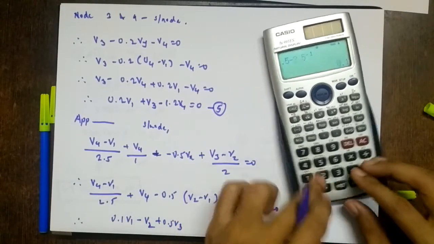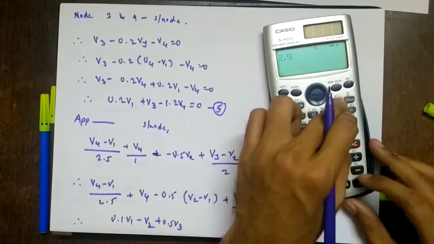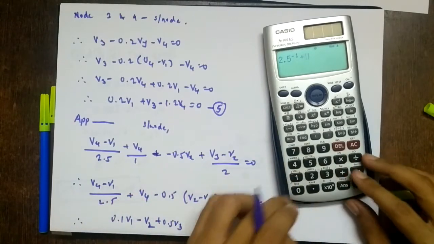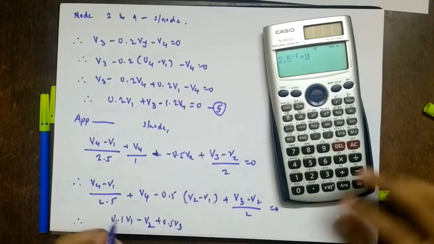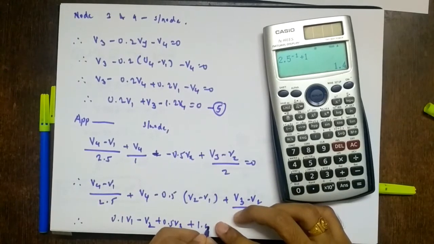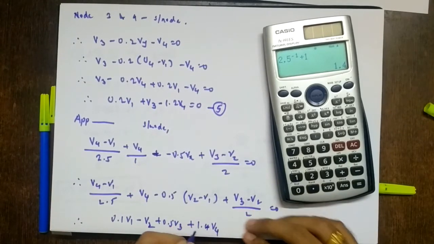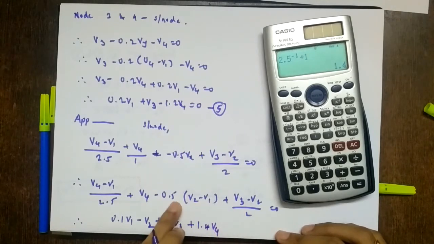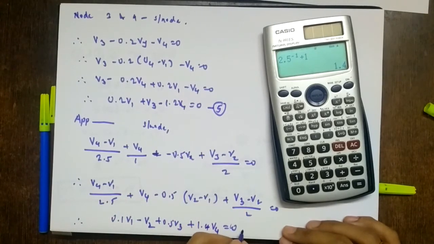Then V4 is 2.5 inverse plus 1. That's it. So 1.4 V4. And constant term, there is no constant term. So equal to 0, equation number 6.